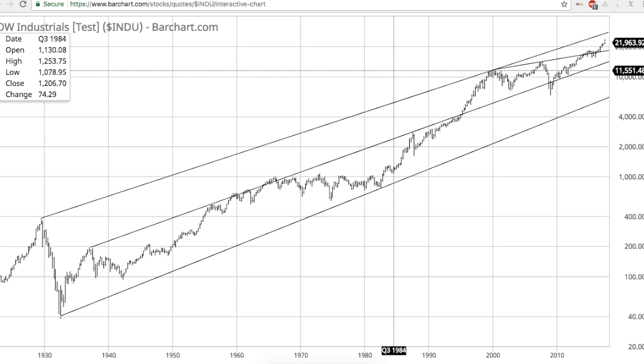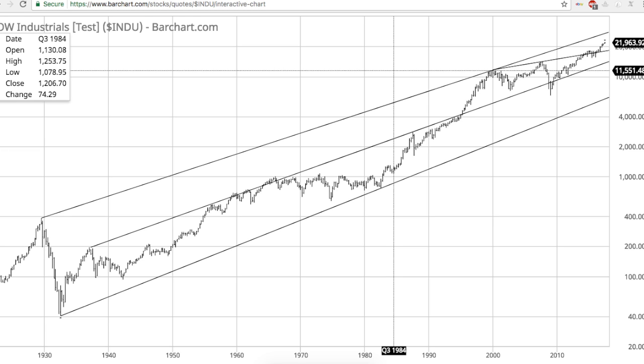And I've looked at the chart here, and the very top of the trend line, near where we are right now, that is the equivalent of around just under 28,000 in the Dow. And now with the Dow around 22,000, that doesn't seem so outlandish.